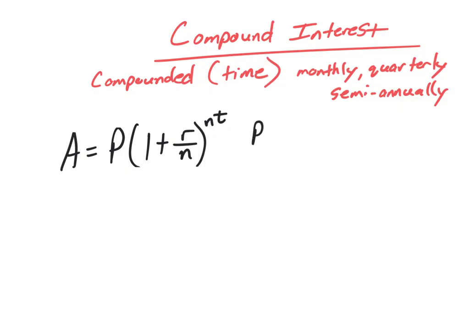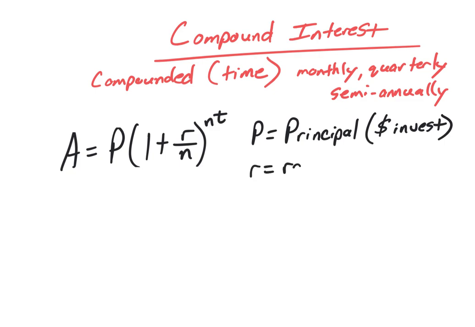P is going to represent the principal. That's how much money I invest. I take $5,000 and put it into an account. And then what does it grow to over time?